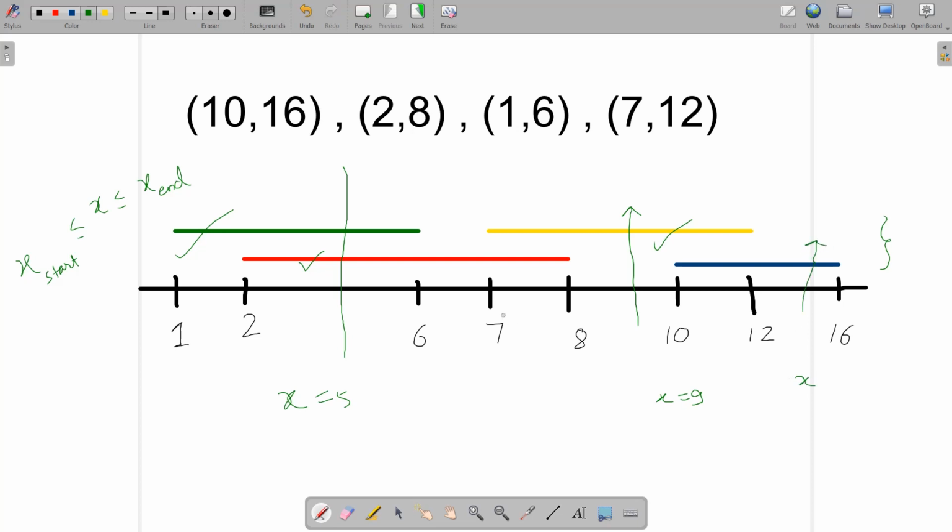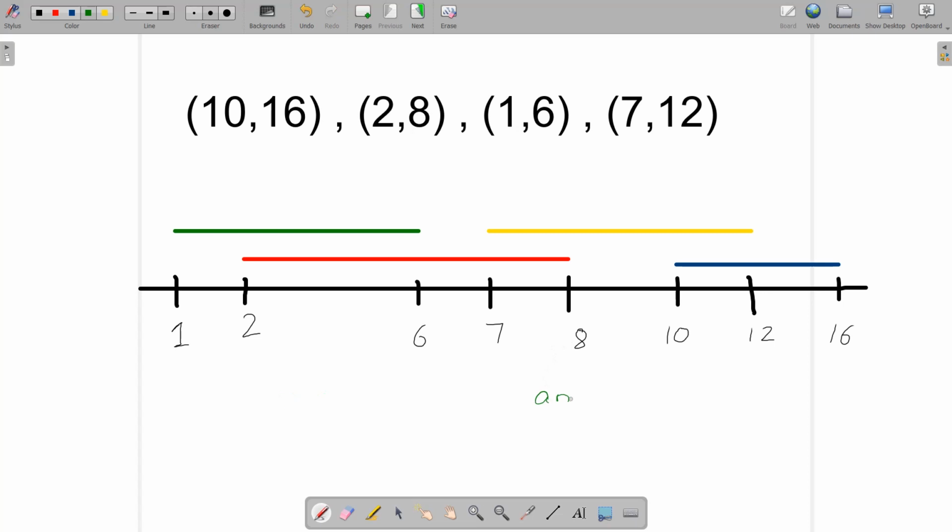The worst case answer is that the maximum answer can be exactly equal to the total number of balloons. This happens when none of the segments overlap.